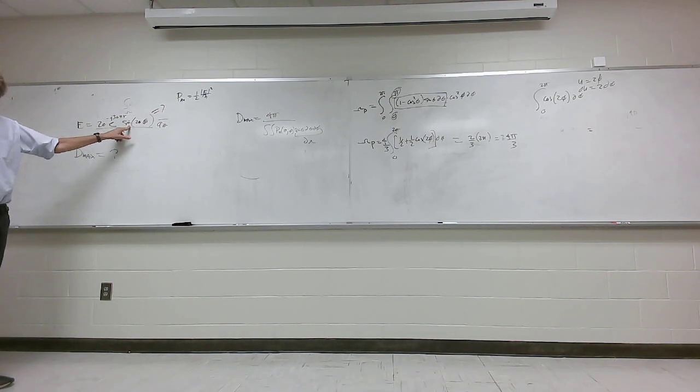We know the normalized power density will only be a function of angle, right? Will not be a function of r, correct? So what do you do? Divide by everything in front of the sine squared, and I'm left with just the sine squared. That's my point. My normalized power density would just be sine squared of 20 phi. You all with me on that, class?